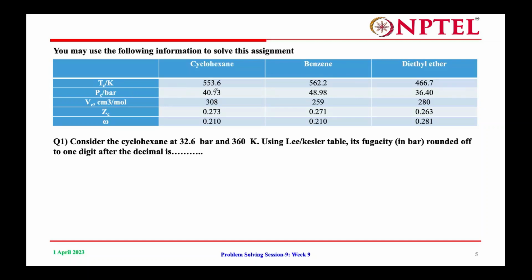We have to use this information to solve all the problems. Question 1. Consider cyclohexane at 32.6 bar and 360 Kelvin. Using the Lee-Kesler tables, find its fugacity in bar, rounded to one digit after the decimal. Here pressure and temperature are given, so we have to calculate the fugacity using the Lee-Kesler tables.